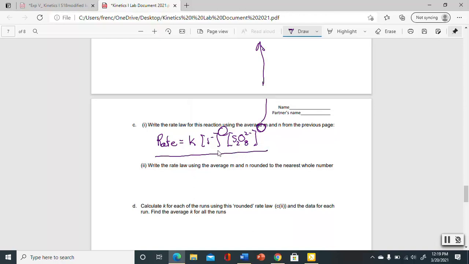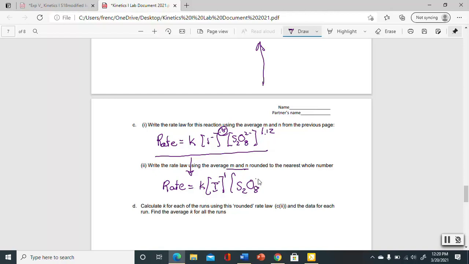Now, once you've found it out, we're going to have you round M and N to the nearest whole number. So if you came up with 0.75 here, you would round it to 1. And if you came up with 1.12 here, you would again round it to 1.